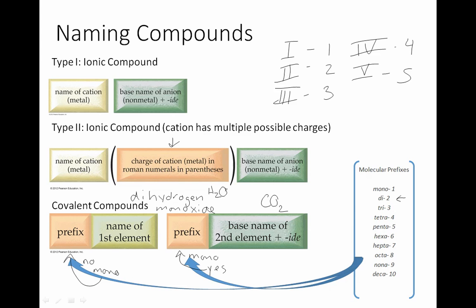Additionally, if you have a polyatomic compound, you don't have to make any changes to them ever. Okay, so for instance, if it's an anion, you just write the name of the polyatomic next to it. So say it's sodium phosphate, that means it's just NaPO3.